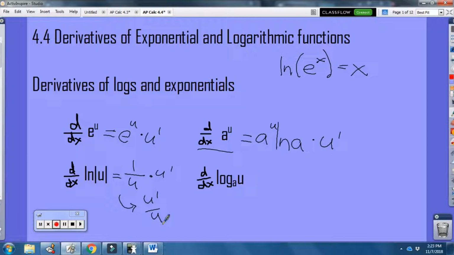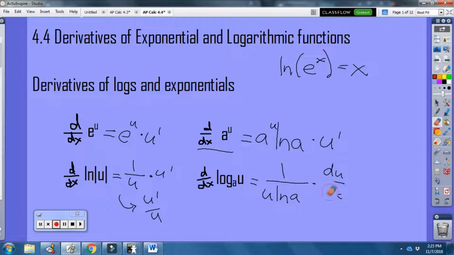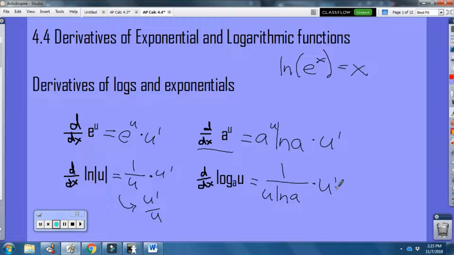The formula for log base a of u is going to be 1 over u times the natural log of a, times u prime. They mean the exact same thing. So these are my 4 formulas that we need to know for today.